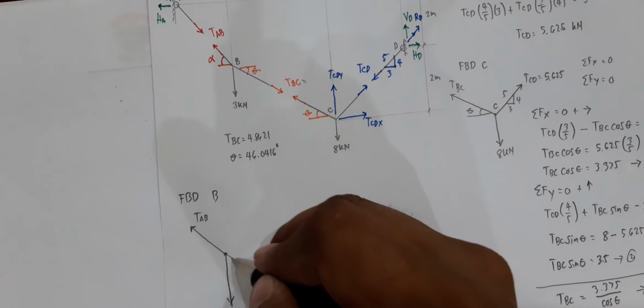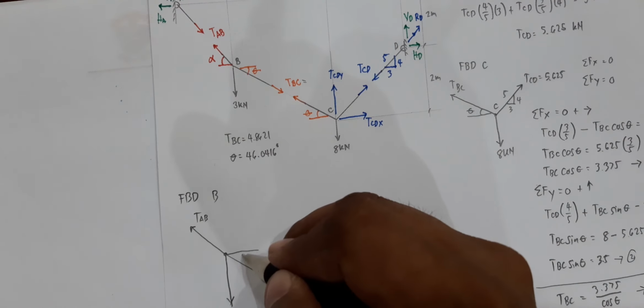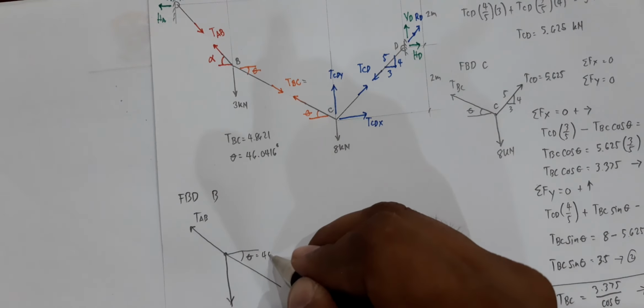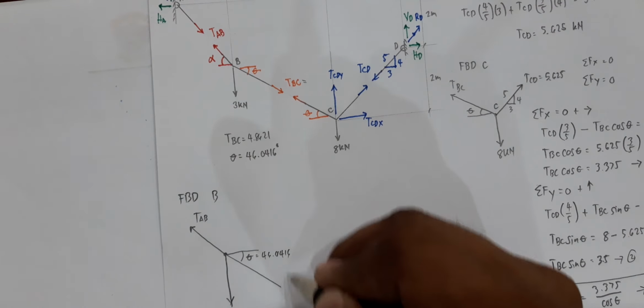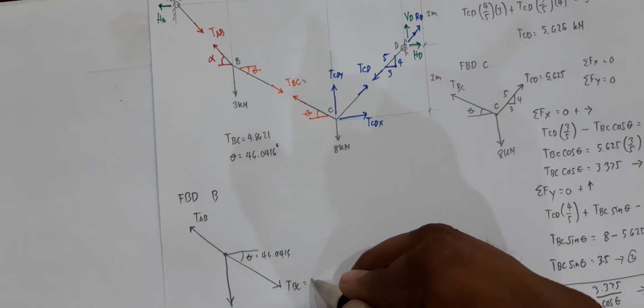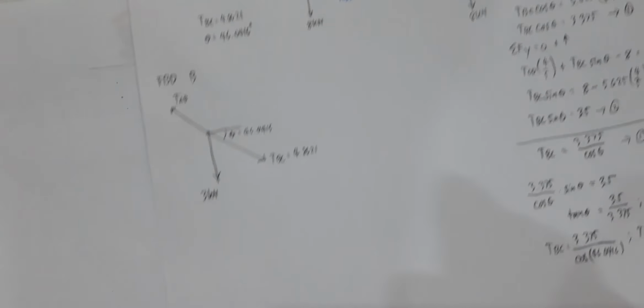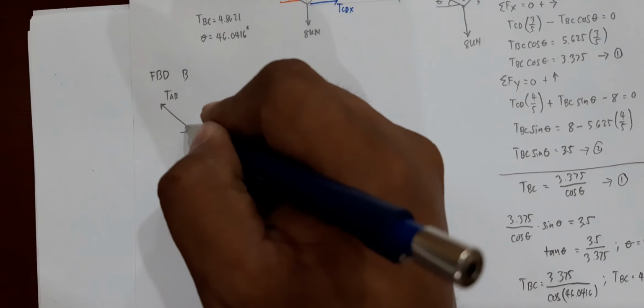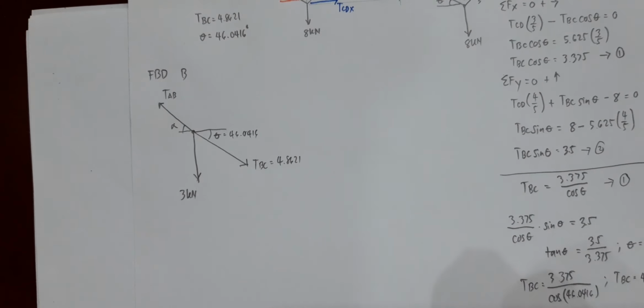With respect to angle theta, with respect to the horizontal, that is 46.0416. Then you have here TBC, which is 4.8621. Okay, so let's focus on this one. Again, you have here alpha, by the way.